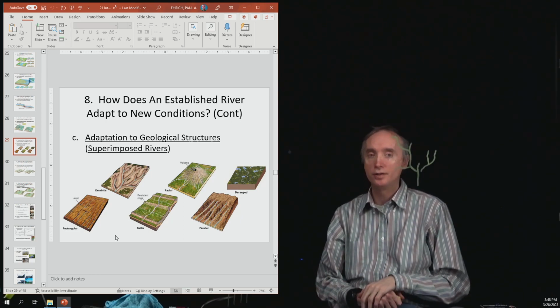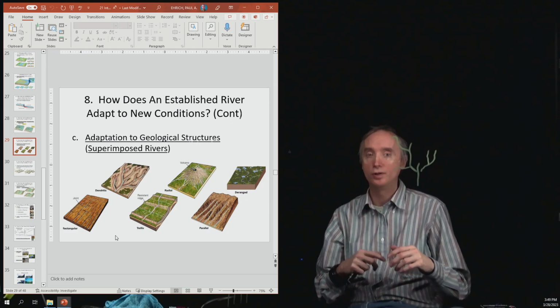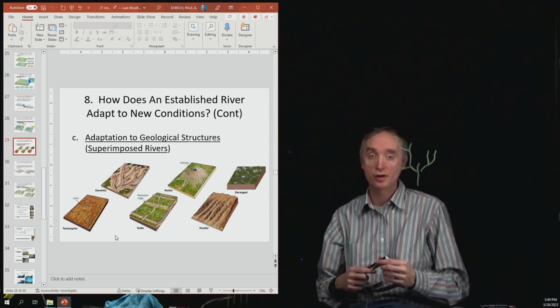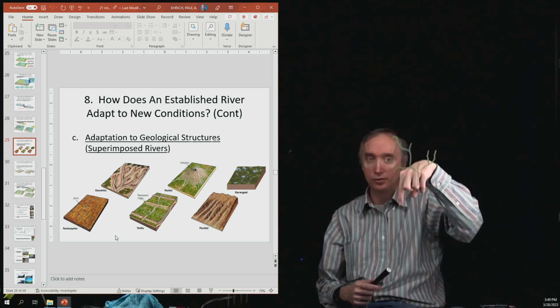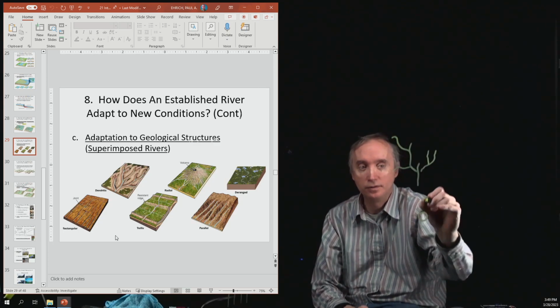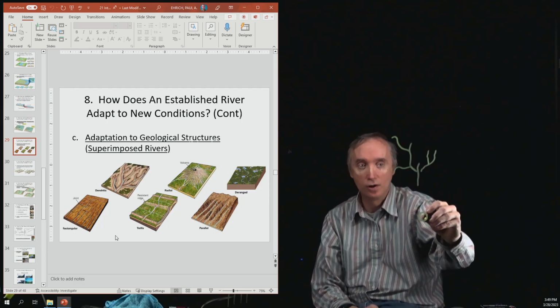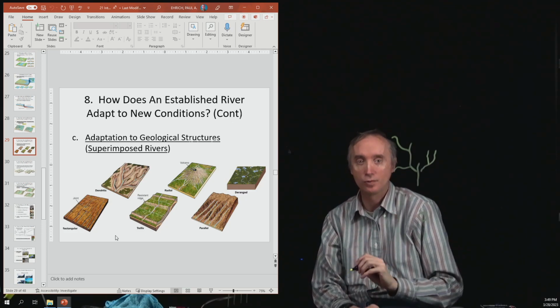All right, the next one is called a radial pattern. This is what happens when the river is superimposed on top of a structure such as a volcano. From the top-down view, let's say this is the crater of the volcano, and it slopes evenly in all directions away from it.